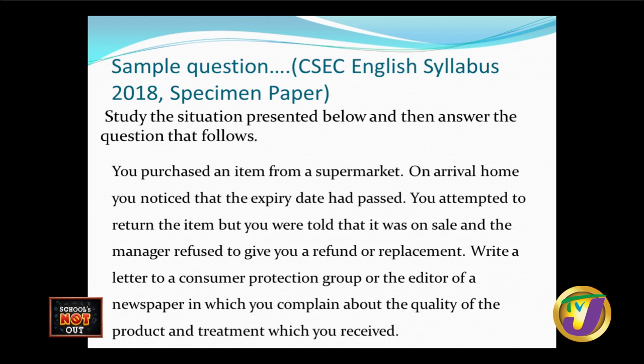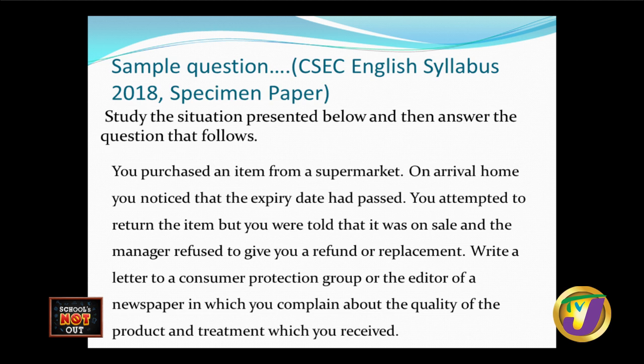All right. So we're going to be looking at an example of a letter of complaint, and this was taken from the CSEC English syllabus 2018, directly from our specimen paper. So study the situation presented below and then answer the questions that follow. You purchased an item from a supermarket.